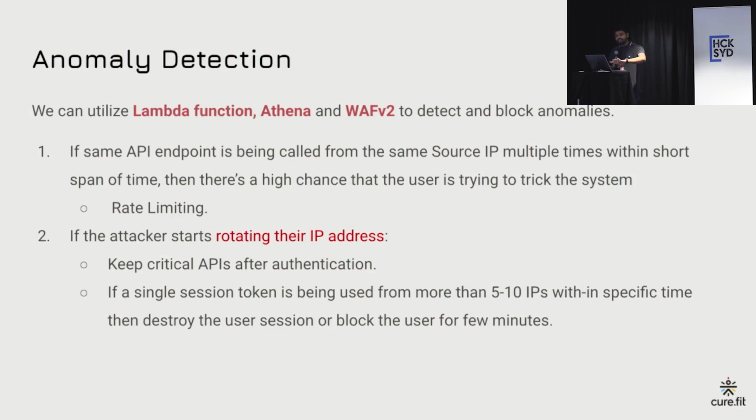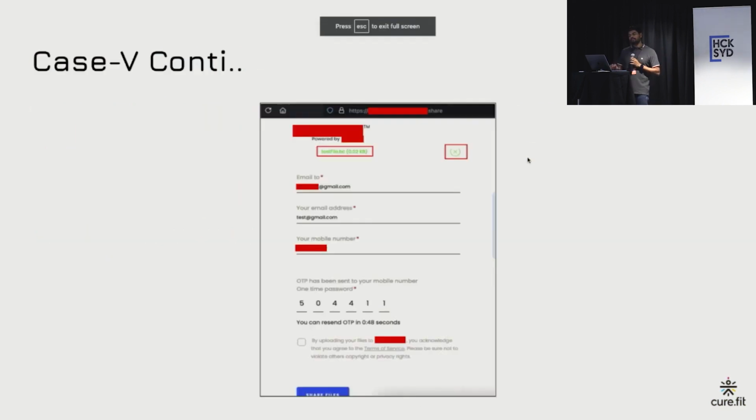So firstly, you need to keep the critical APIs after authentication, as I said in case 5, that if the application owner had put uploading a file or deleting a file after mobile number verification, this could have been avoided, because only a user who is authorized for that particular file should be able to remove that file.